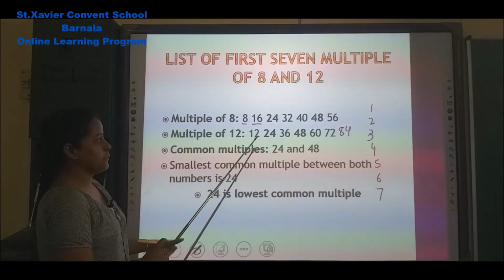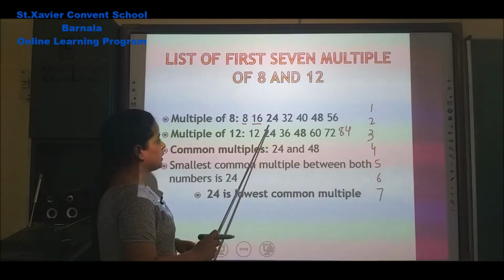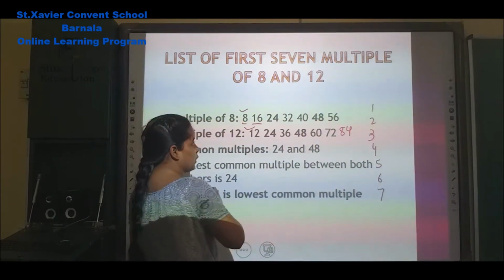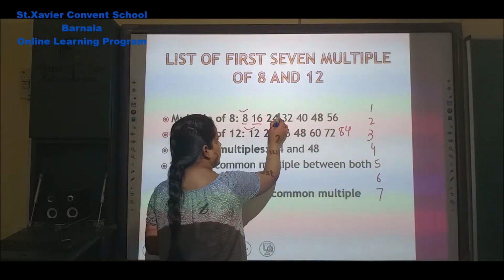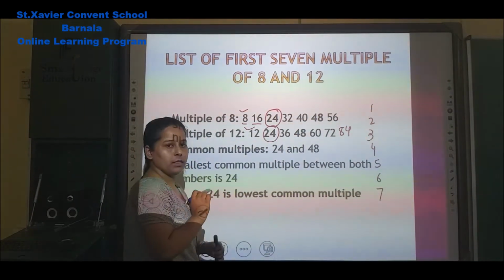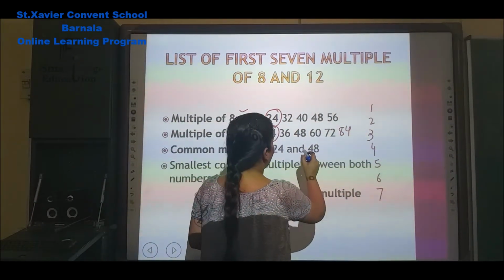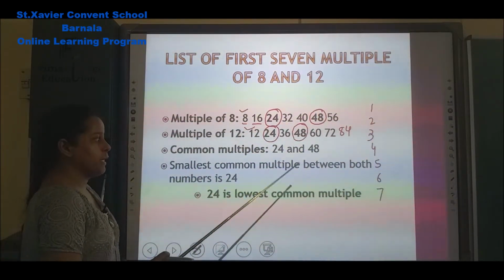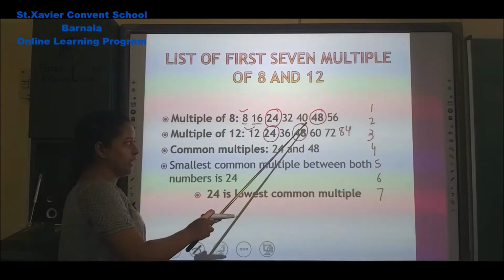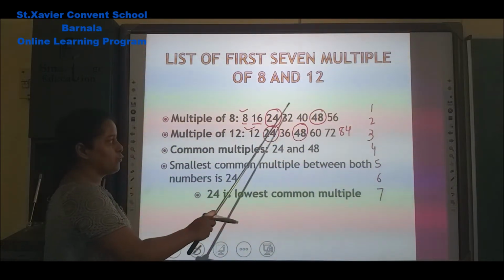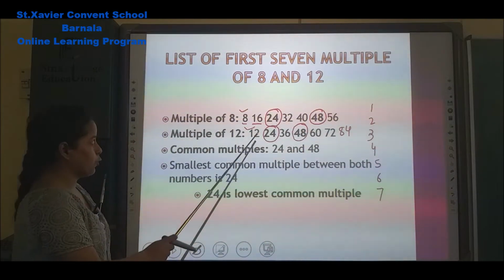So these are the multiples of 8 and these are the multiples of 12. The common multiples are 24 and 48, which come in both lists. Now the smallest common multiple between 24 and 48 is 24.